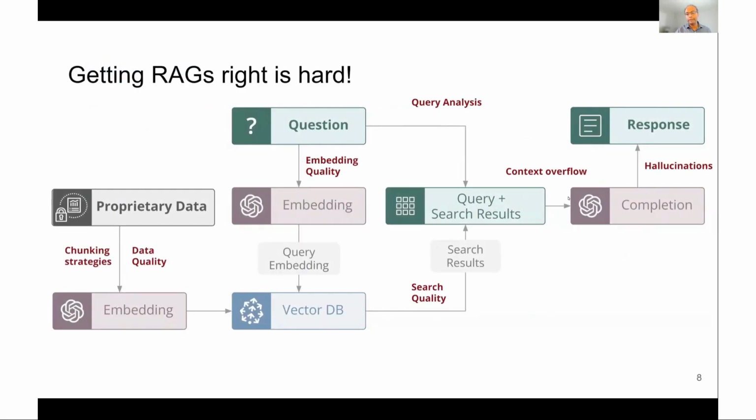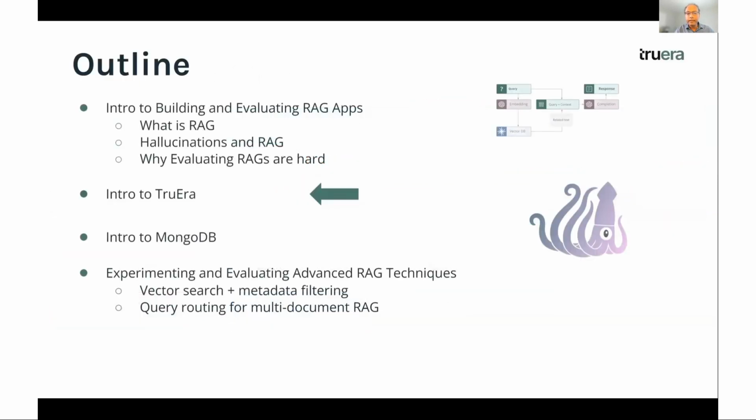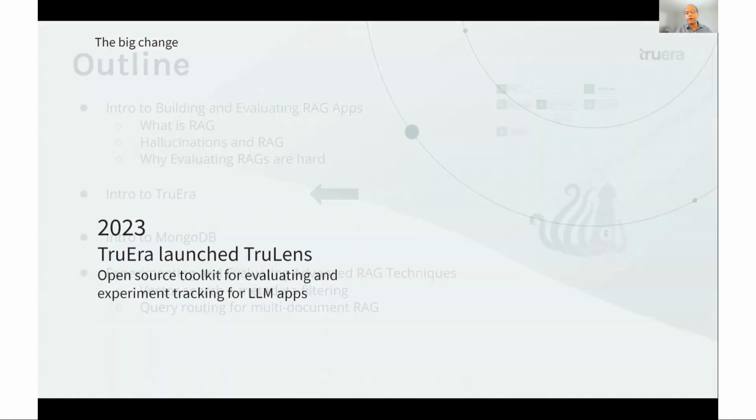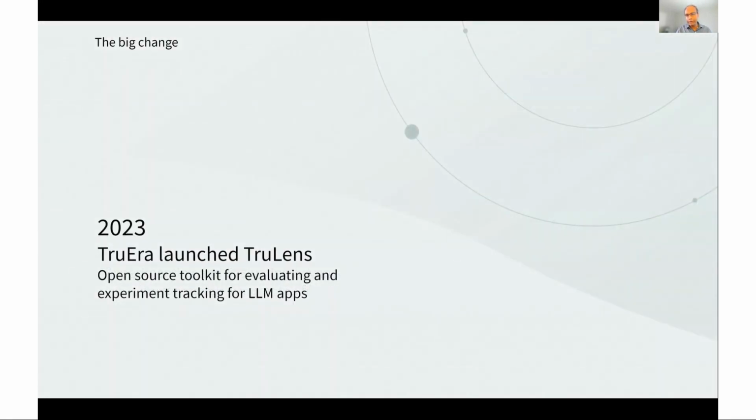You can improve the quality of your applications before you move them into production and continue to monitor and improve them in production as well. So with that, let me start getting a bit more into the TruEra capabilities and how we have approached this set of problems.